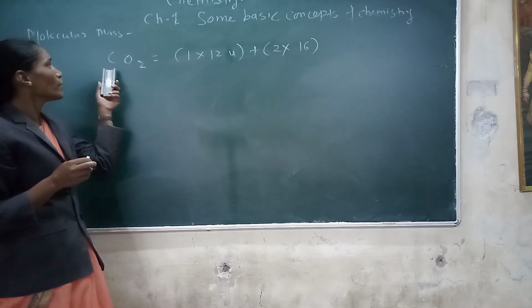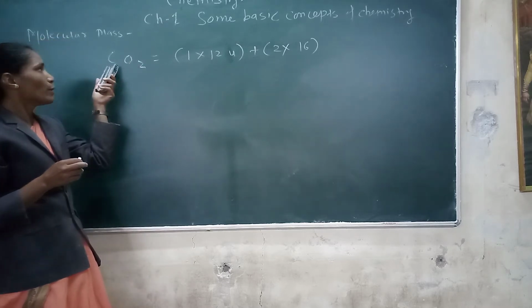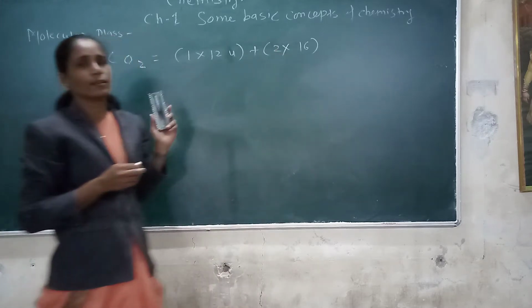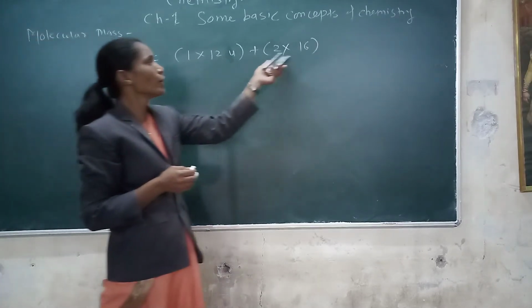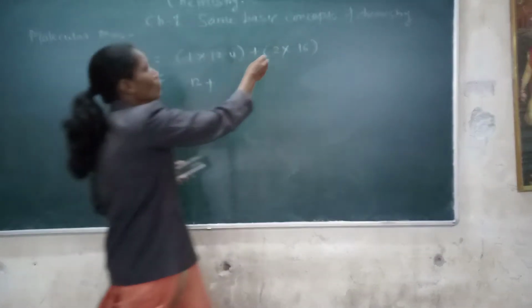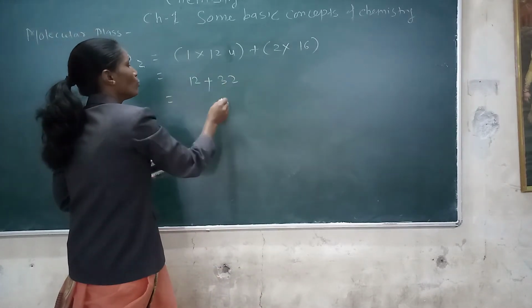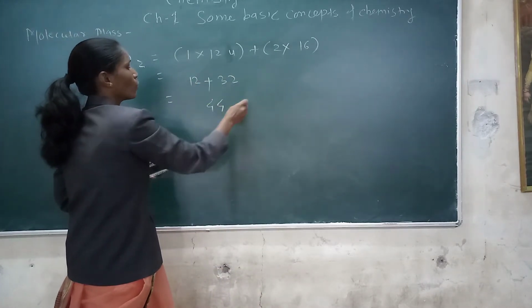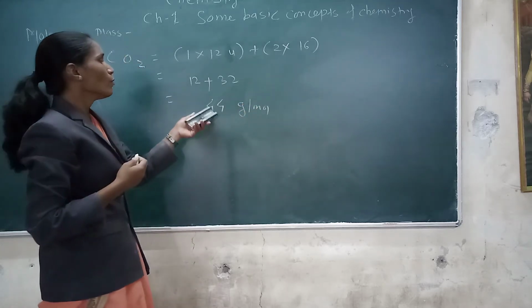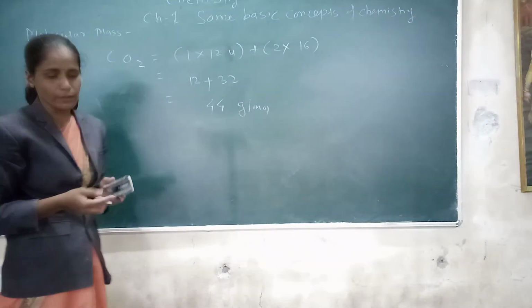In CO2, 1 carbon and 2 oxygen, therefore 1 into 12 plus 2 into 16 means 12 plus 32, that is 44 gram per mole. Per mole, 44 gram is the molecular mass of carbon dioxide.